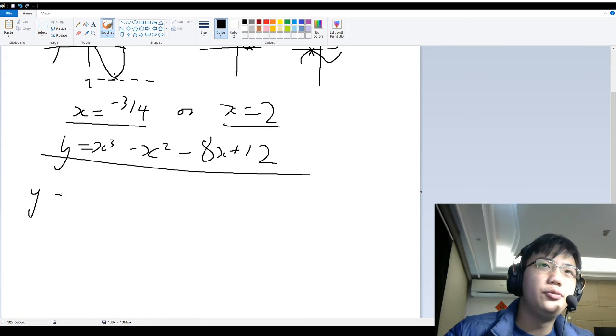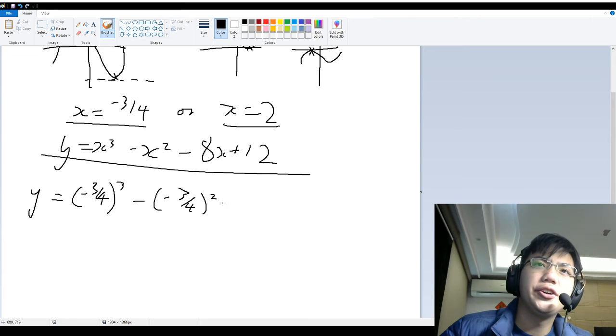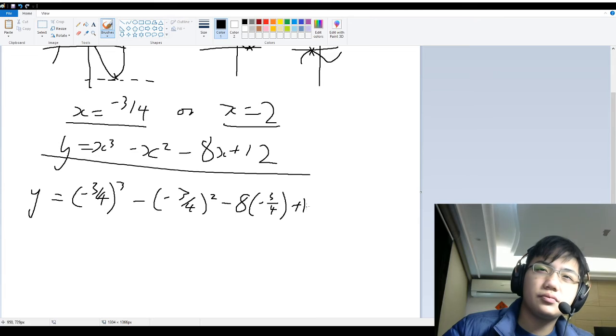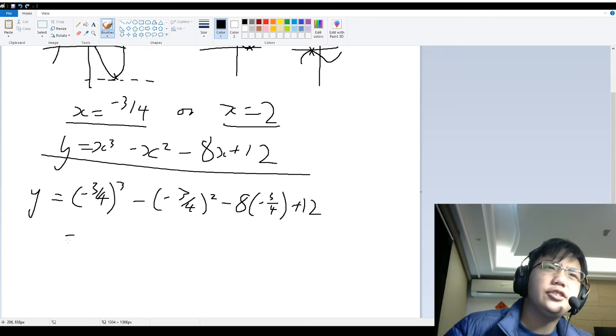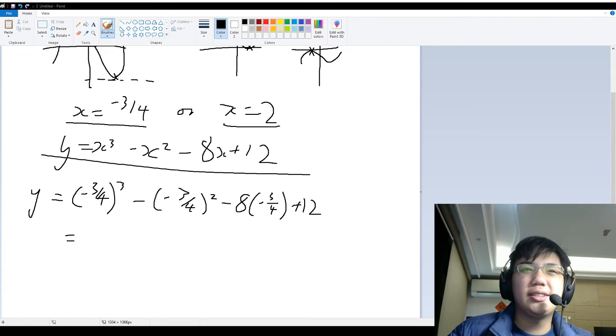So for -3/4, we can solve it like this, and you can solve this directly using your calculator.